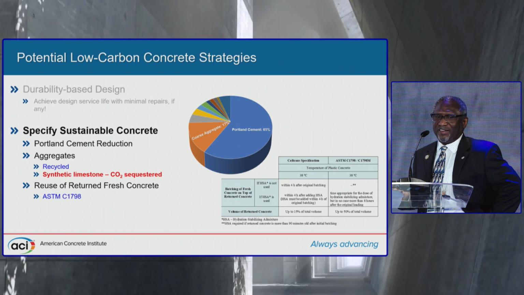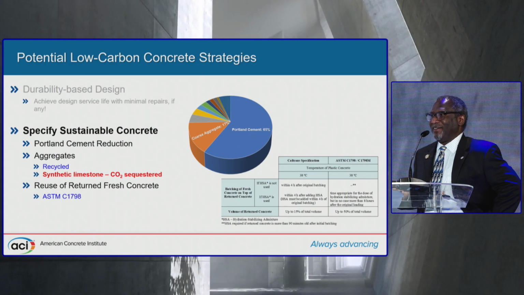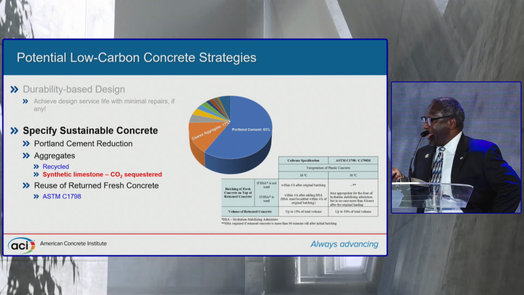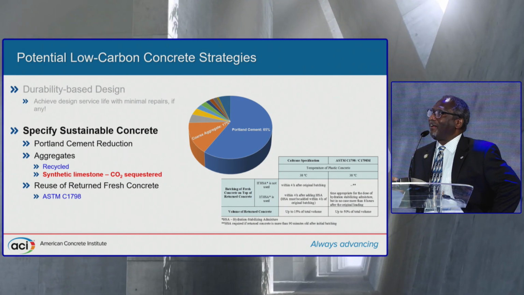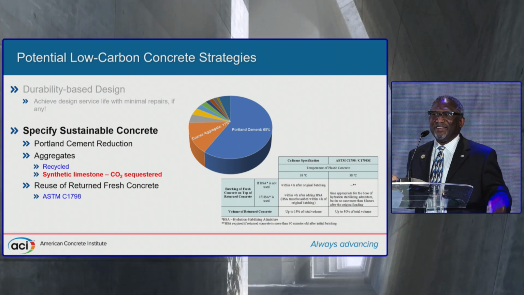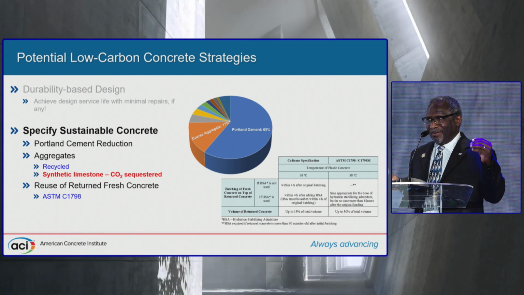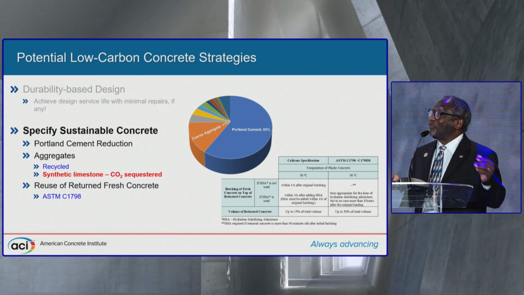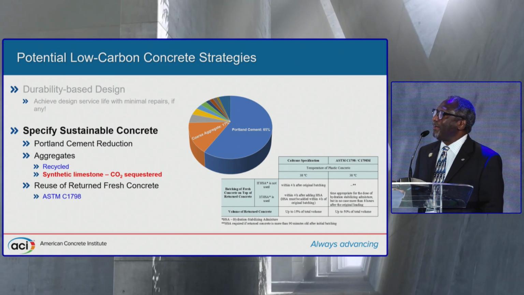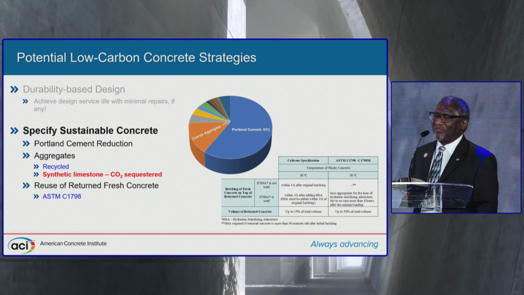Really, really interesting. If they're successful, you could end up in a situation where the concrete would actually be net negative with respect to CO2 emissions, because of all the CO2 that will be sequestered within the aggregates.